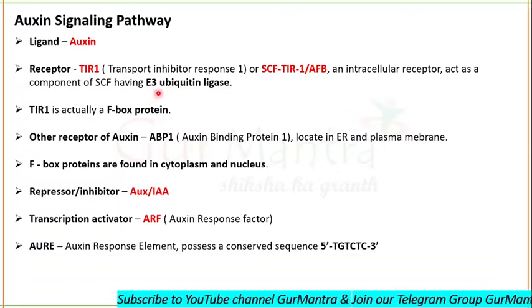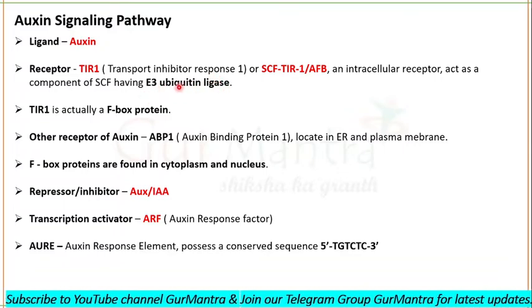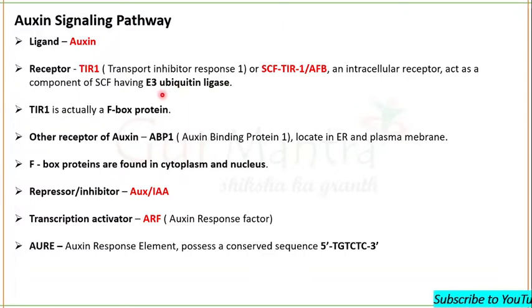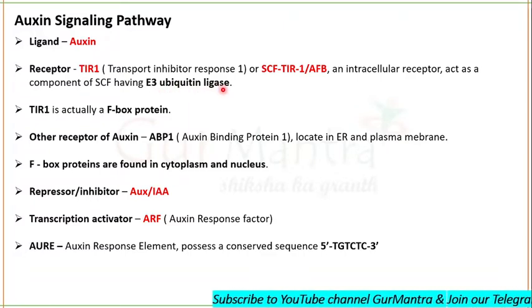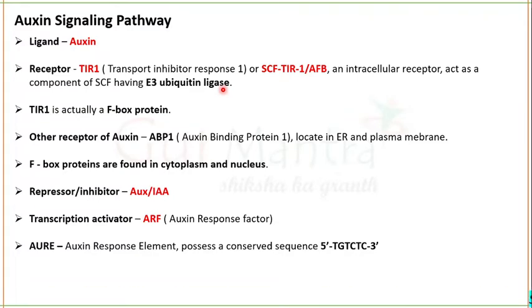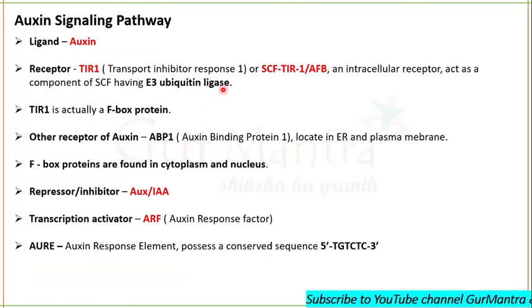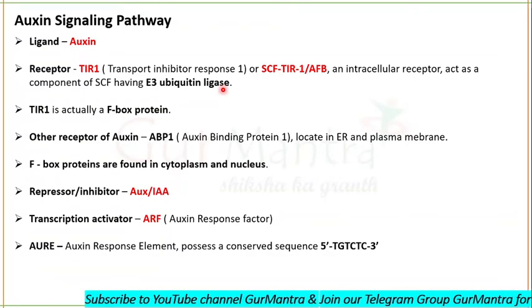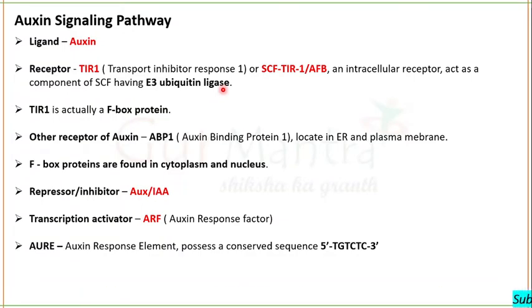Now all F-box proteins have E3 ubiquitin ligase activity. It can be E3, even E2, but this one has E3 ubiquitin ligase activity. What does it mean? It means that the receptor of auxin can bind to auxin, as well as cause ubiquitination of other proteins. After ubiquitination, those proteins are targeted to the proteasome, where they are degraded.